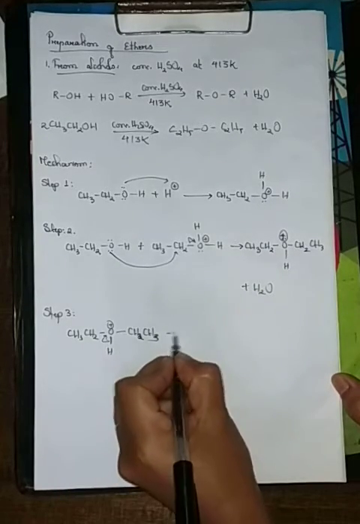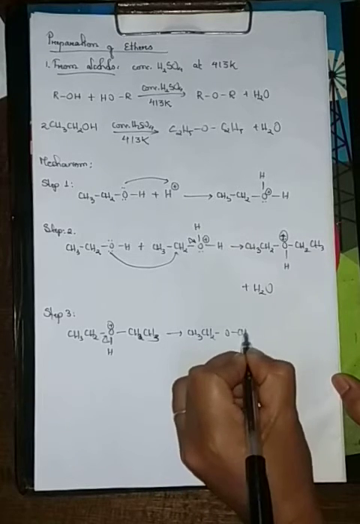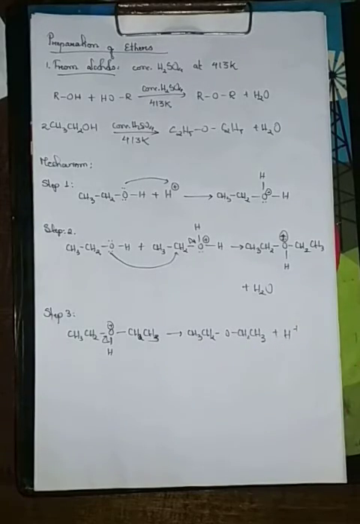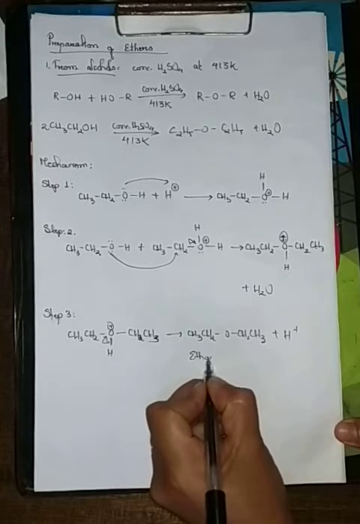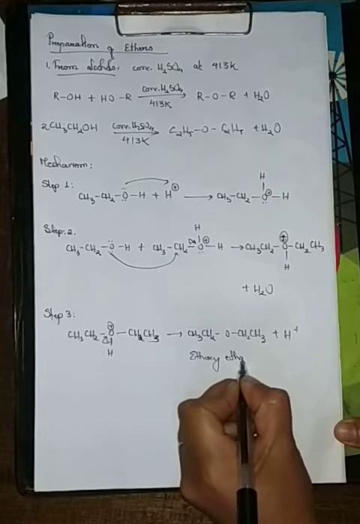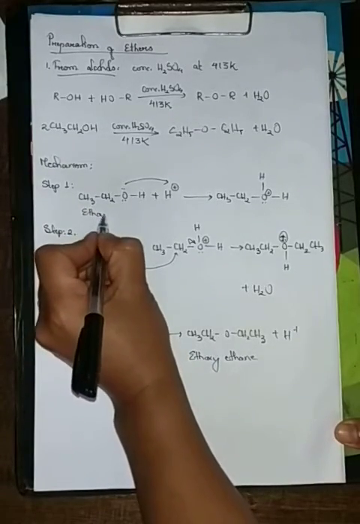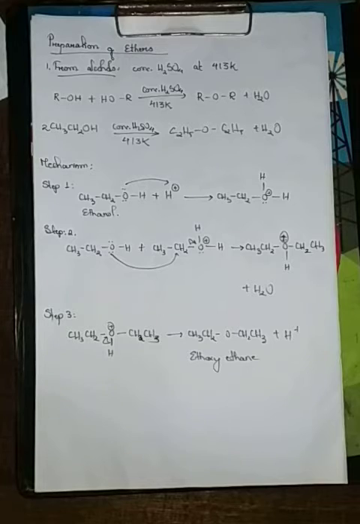Now this goes, and then we'll be getting CH3CH2OCH2CH3, and then H plus is removed again in the solution. Now this is how alcohols are dehydrated to give our ethers. This is known as our ethoxyethane. Ethoxyethane is obtained by dehydrating ethanol at 413 Kelvin in the presence of concentrated sulfuric acid.